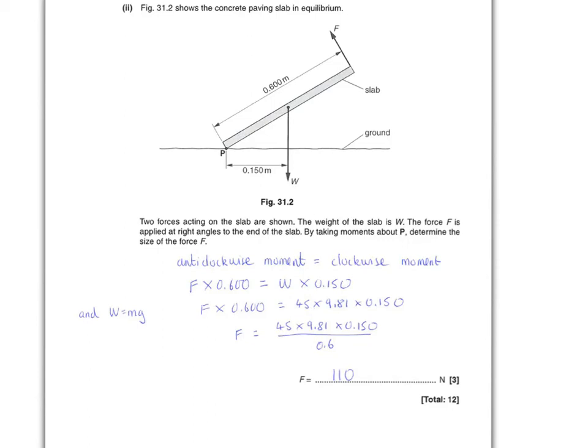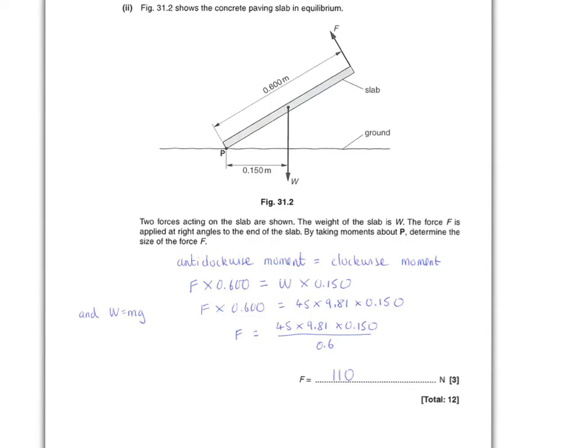This question has been helpful in telling us to take moments about the point P. It's also been helpful because the two distances shown in the diagram are perpendicular to the corresponding two forces. This isn't guaranteed, and you have to remember your definition of moment carefully.